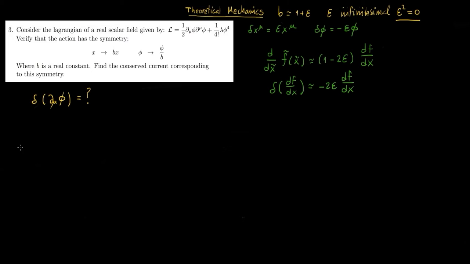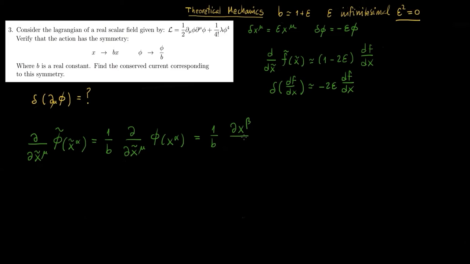We will repeat the calculations, but in 4 dimensions. This is the derivative in the tilde world. This will be the partial derivative with respect to x tilde mu of the transformed function, that is 1 over b times the function. Let's apply the chain rule: times the partial derivative of x beta with respect to x tilde mu times the partial derivative with respect to x beta.